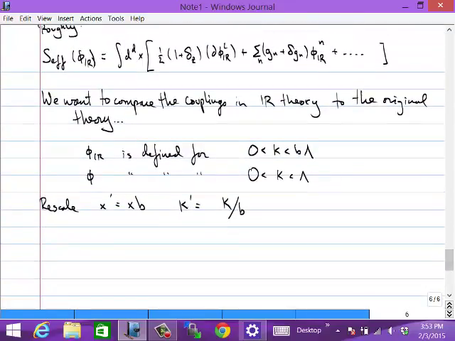And then we can rewrite S effective of phi IR in the x prime variable. So here I'm really not doing anything except changing the integration variable. So I'll write it as d^d x prime. So you get a power of b to the minus d from the integration variable. And you get a 1/2 (1 plus delta Z).